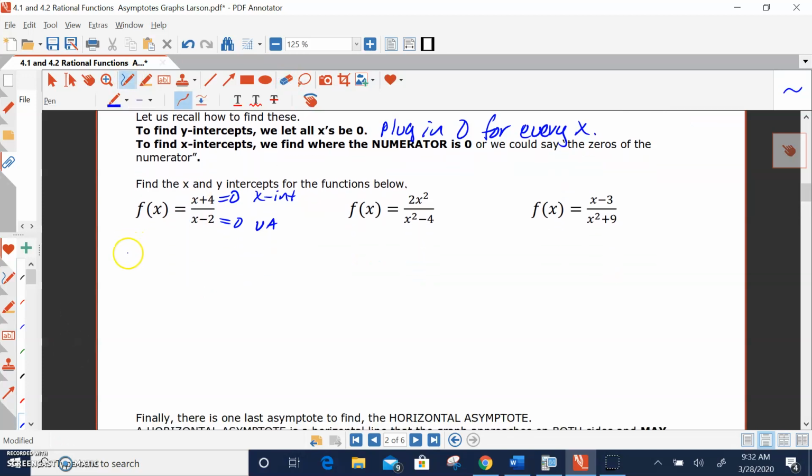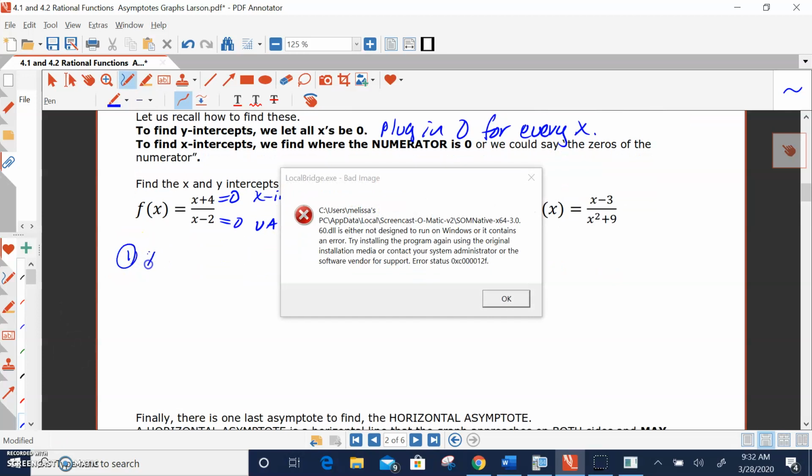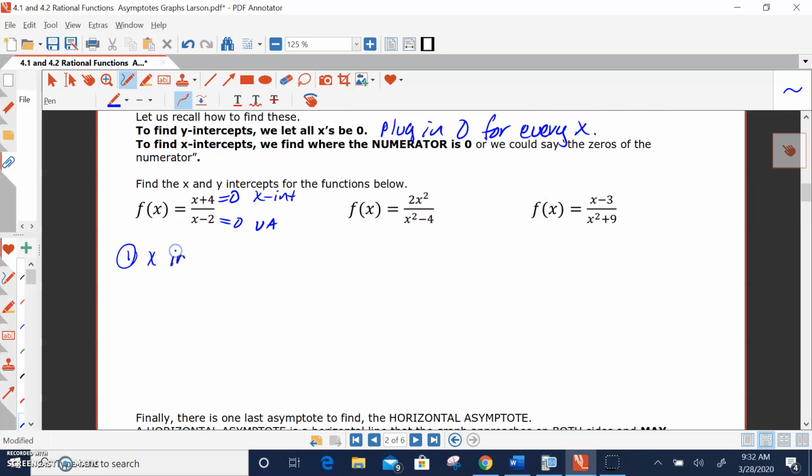Okay, so let's find the x-intercept. I'm going to set the numerator to 0. So when I solve that, I get x equal -4. So my x-intercept is at -4, 0.